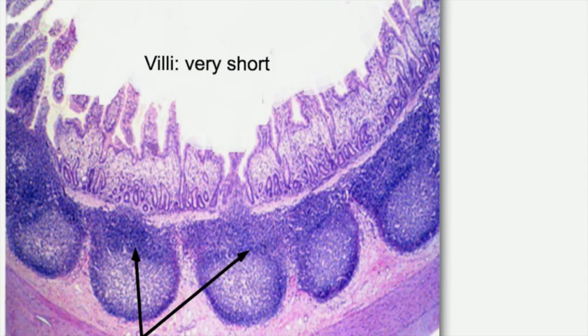Take care here that these are the crypts, but these are the villi. Notice that the villi here are very short and maybe absent, compared to the villi away from the Peyer's patches. So over the patches, the villi are very short, as you see in this picture, and sometimes they are absent.